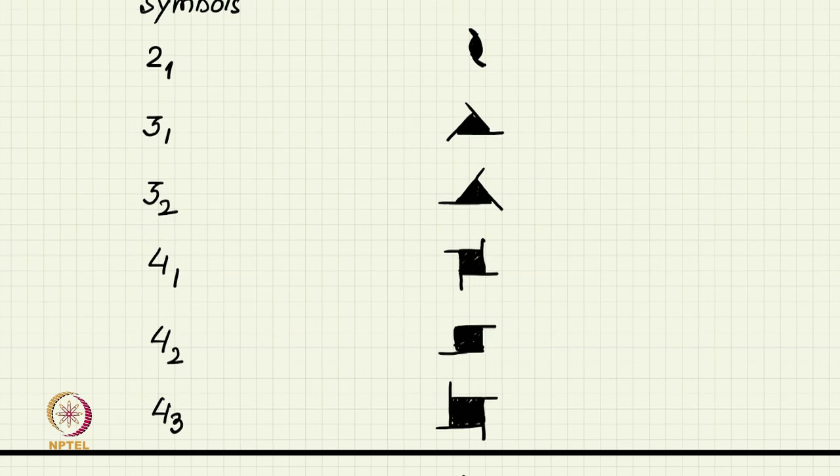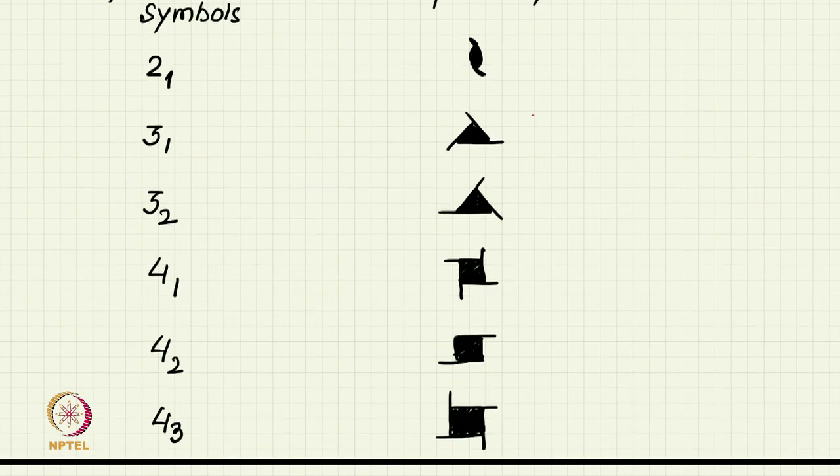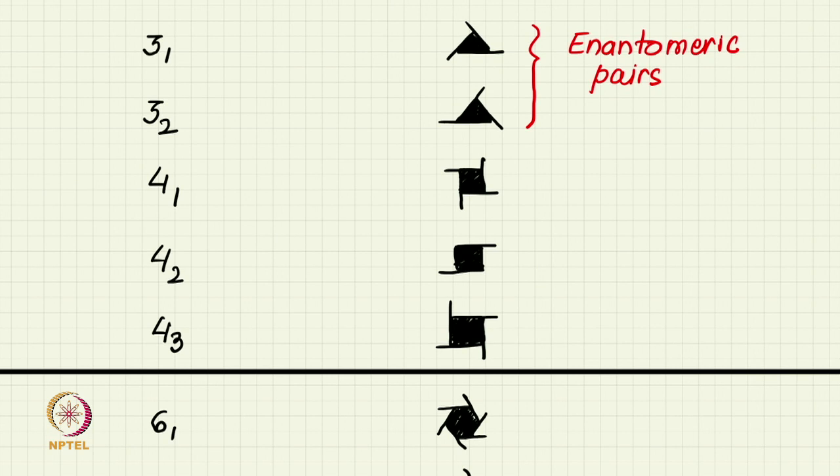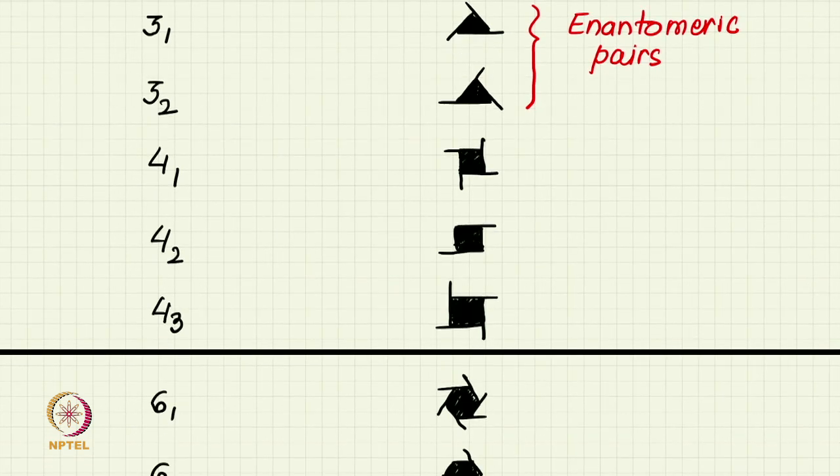Just a comment here that 3 1 and 3 2 are actually mirror images of each other. So they are enantiomeric pairs, that is, they are opposite handedness. So if you reflect 3 1 in a mirror, you will get 3 2. So they have opposite handedness. Same thing is true for 4 1 and 4 3.